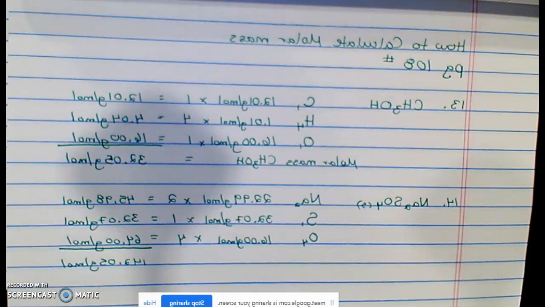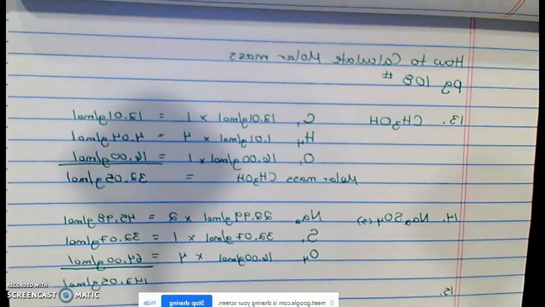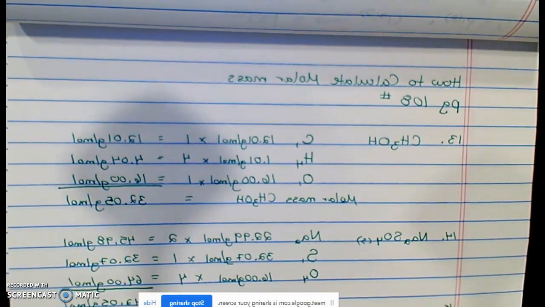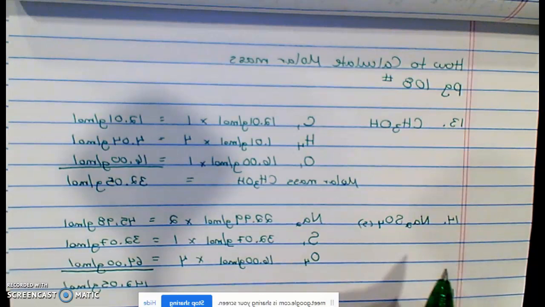So I'm going to do the next one, but no peeking. Okay, I'm not going to show you what the answer is right away. Okay, so I want you to try it on your own. Okay, so I'm writing number 15 right here, but you can't see it. Okay, try it on your own. Can you at least tell me the question? Sure. The question from the textbook is CO2.